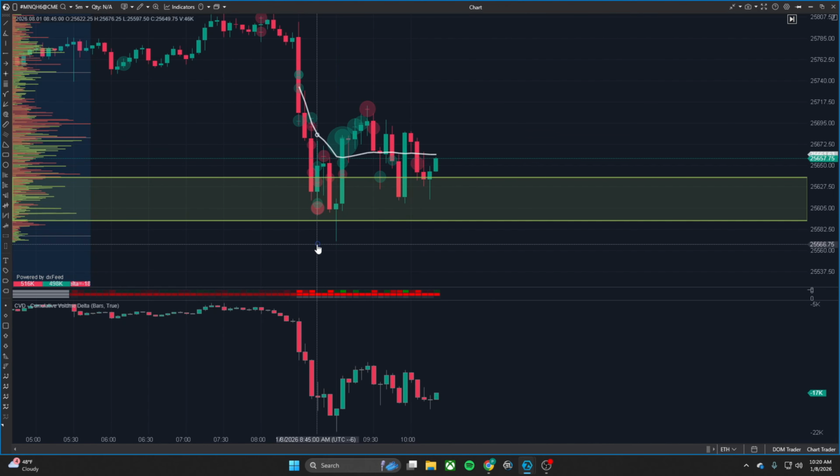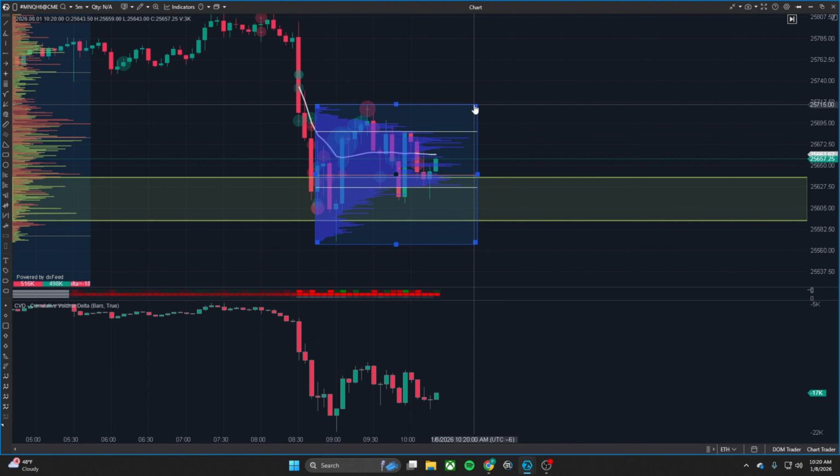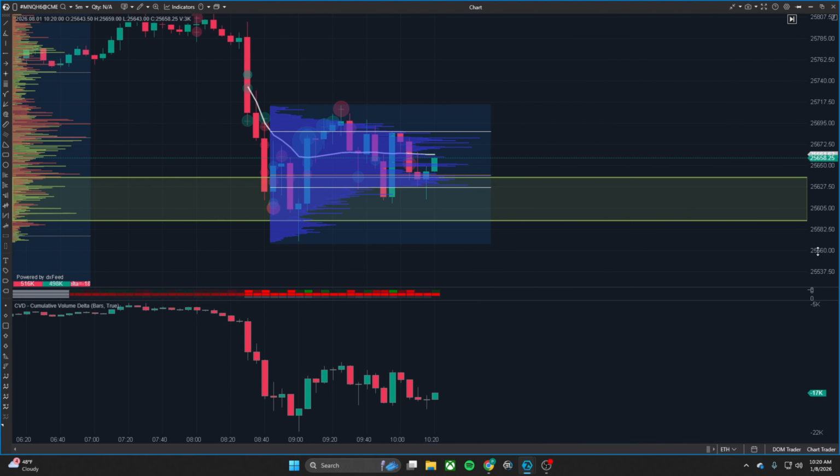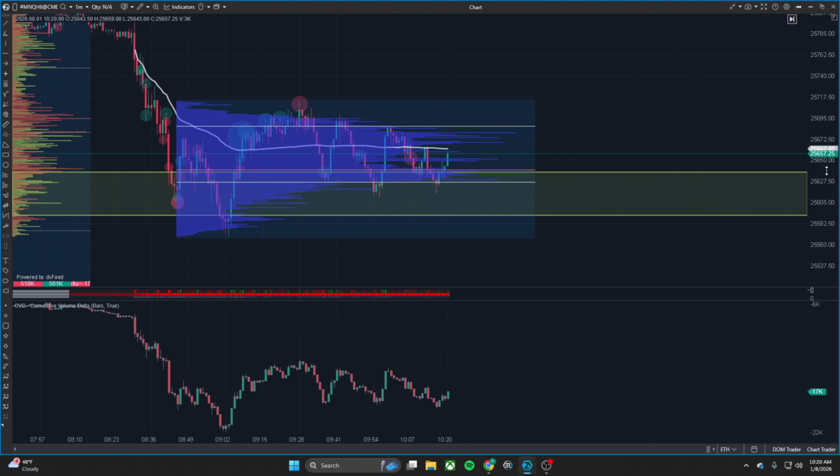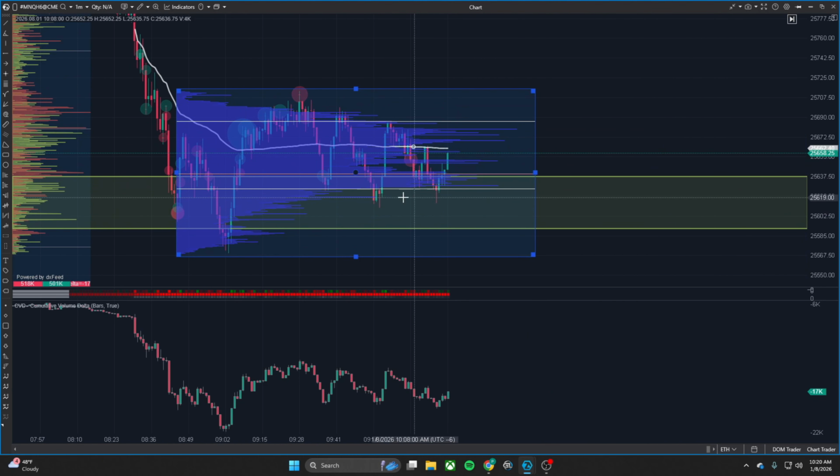That's where my model comes in. No consolidation. All right, so we are consolidating right now. So we see the value area high get broken, and a retrace right back to POC, again back to POC again. We break the low, back to POC.